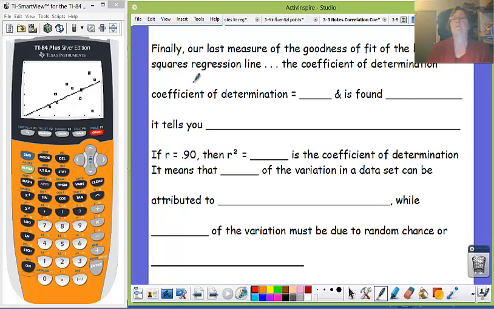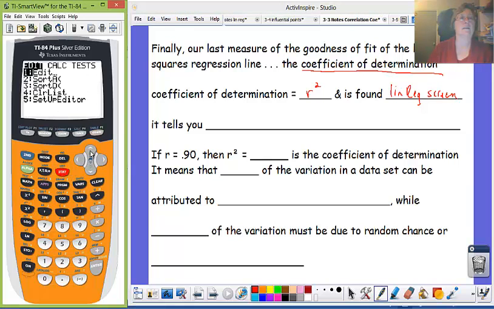There is one more way to measure the goodness of fit for a least squares regression line, and that is called the coefficient of determination. We define that as R squared, and some of you may have noticed that it's found in the linear regression screen. On my calculator, I'm going to have to go back and calculate that again. Stat, calc, and 4. Just go ahead and arrow through everything and calculate.